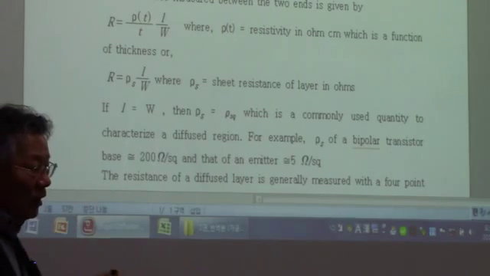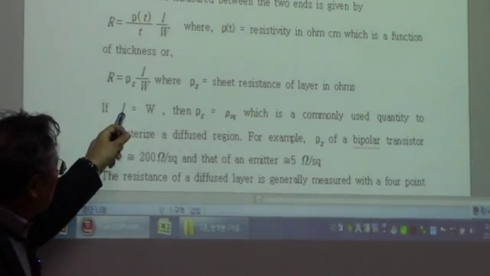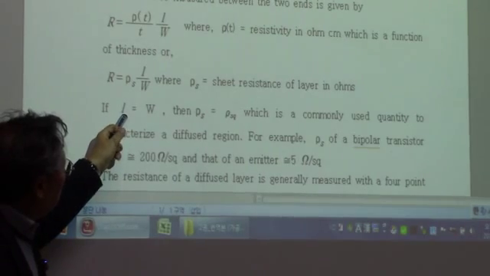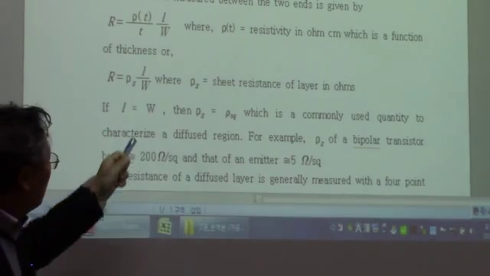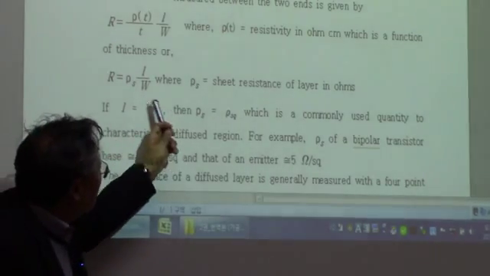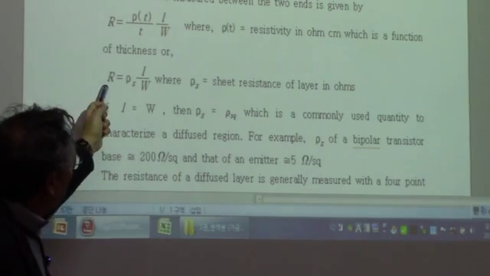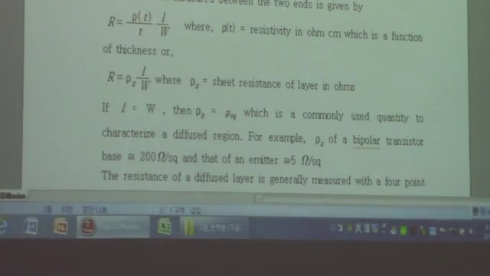And if we make the pattern L equal to W, then the resistance that we measure is exactly the same as the sheet resistance, okay?